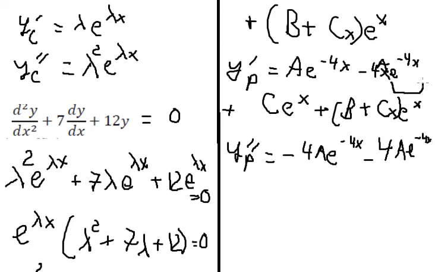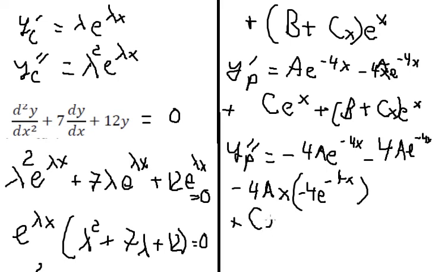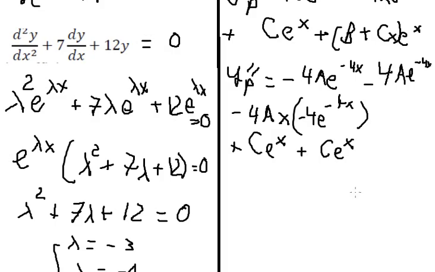Next, we do the first derivative of e to the power of negative 4s, and we have negative 4 e to the power of negative 4s. Now we go to this one and we have c e to the power of s. Next one we do the first derivative of this one, we have c e to the power of s. And the last one, the first derivative of e to the power of s, we keep the same.